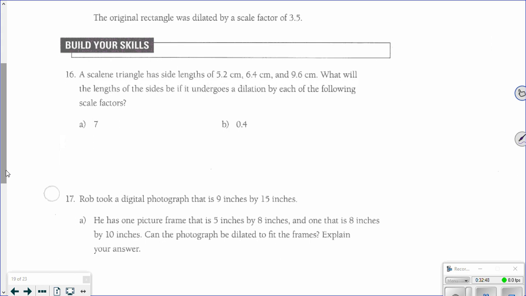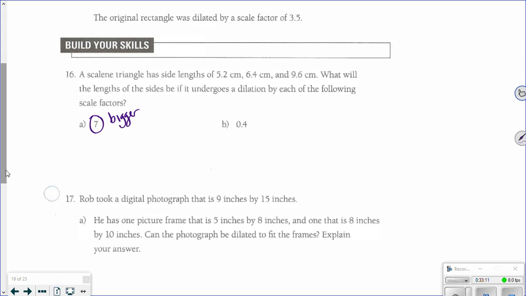Working with just the idea of dilations, it says a scalene triangle has side lengths of 5.2, 6.4, and 9.6 centimeters. What will the lengths of the sides be if it undergoes a dilation by each of the following scale factors? A scale factor of 7 is bigger than 1, so it should get bigger.